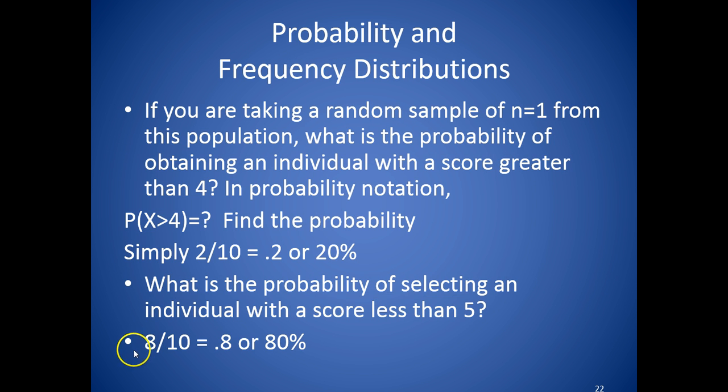So that simply means that's the probability of A, divided by the total possible outcomes, which is 10, because we have a total n of 10. So basically, there's about an 80% probability that we will select an individual with a score less than 5 based on our data.